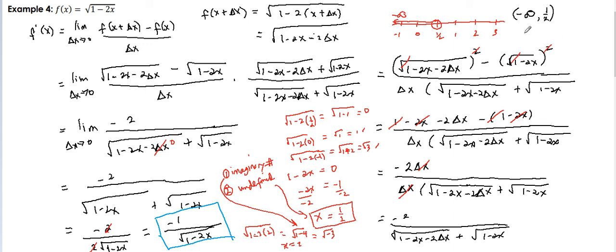So, dito lang sa part na to, magiging differentiable ang ating function. Pero, pagdating dito sa from 1/2 papunta sa infinity, ang mangyayari, magiging not differentiable na yung ating function. Okay?